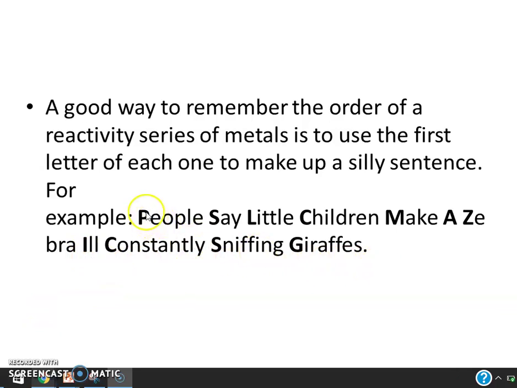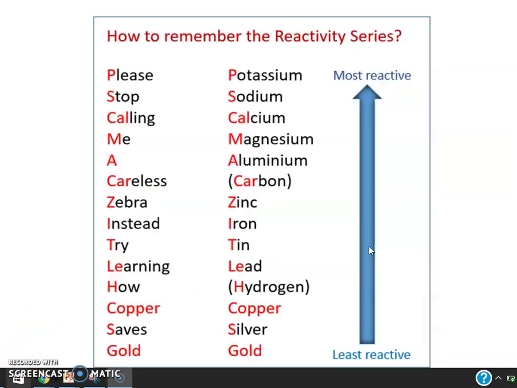So you see, the letters belong to potassium, sodium, lithium, calcium, magnesium, aluminium, zinc, iron, copper, silver, gold. This gives us the easiest way to remember the arrangement of metals in a reactivity series. And there are more than this.